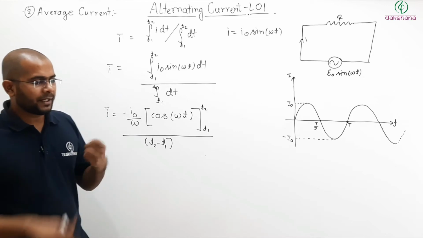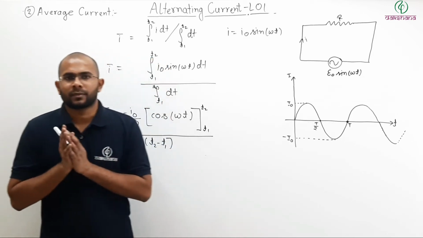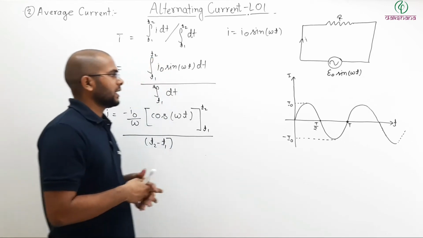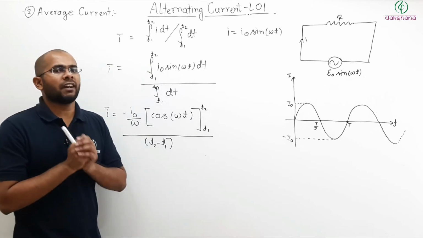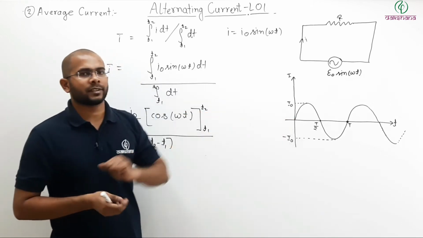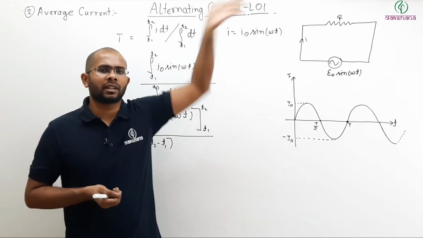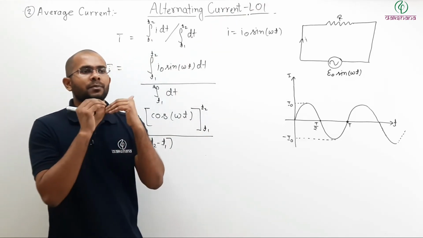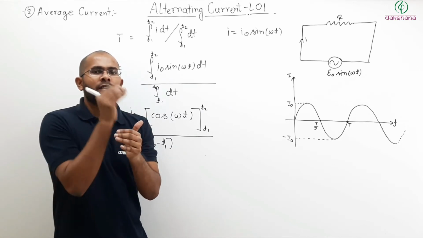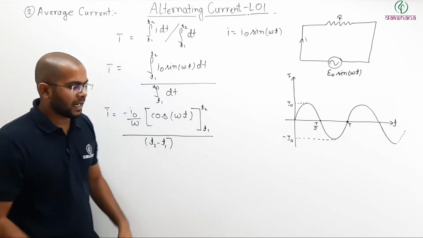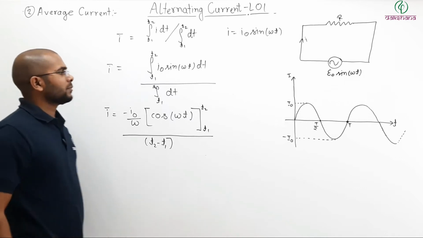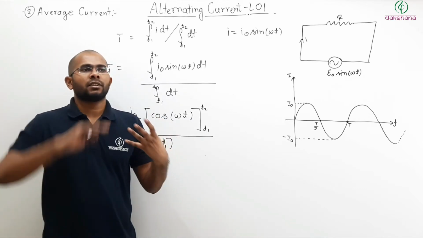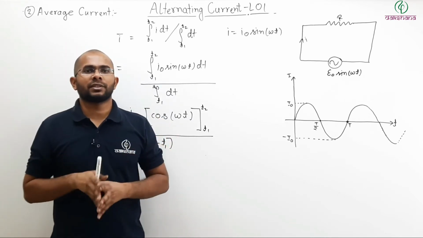Now, let us say we have to take the average from 0 second to some time t. So I consider that T1 is 0, meaning I am starting to take the average from 0 second. And let us say we want to take the average for one time period.